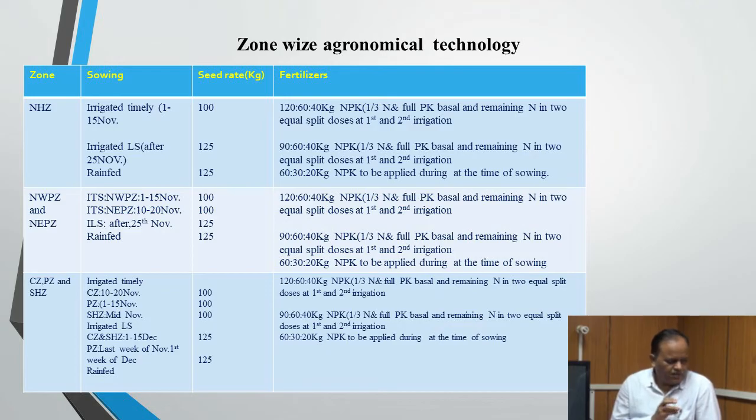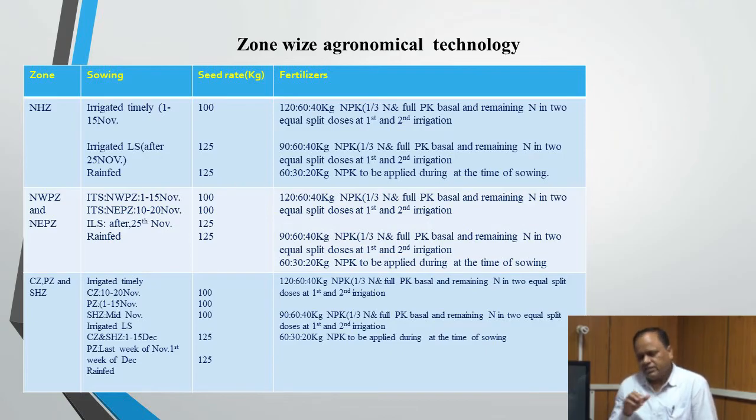One third of the nitrogen and the full dose of phosphorus and potash will be applied as a basal dose, and the remaining nitrogen will be applied in 2 split doses at first and second irrigation.